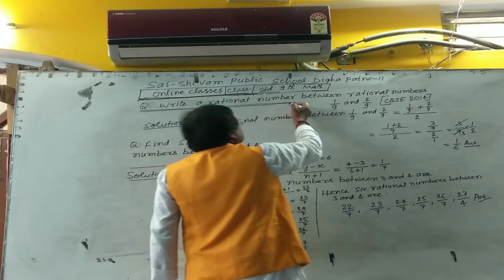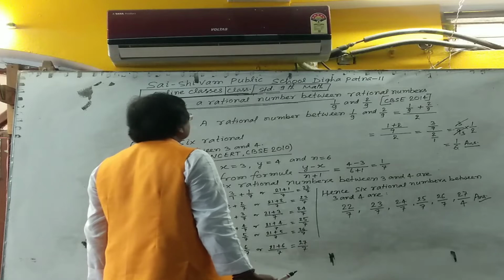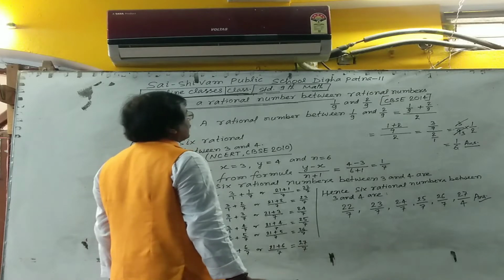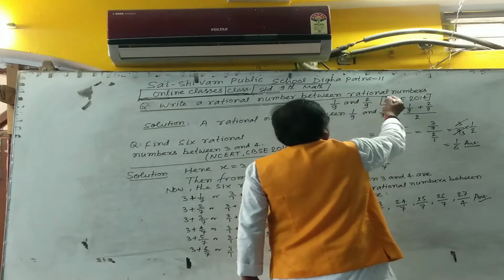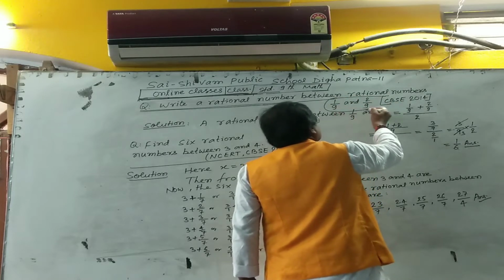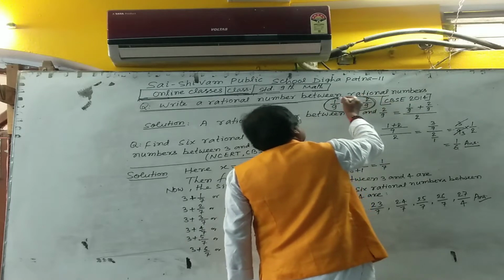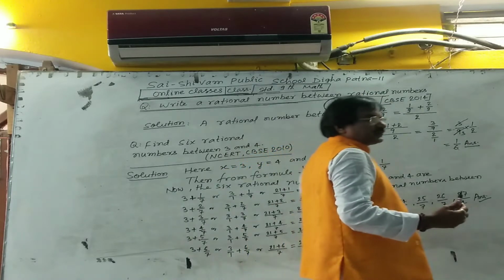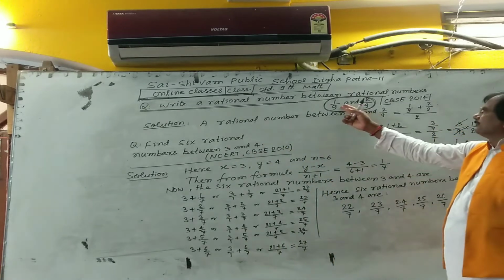Write a rational number between the rational numbers 1/9 and 2/9. In between both, it is said to find one rational number.